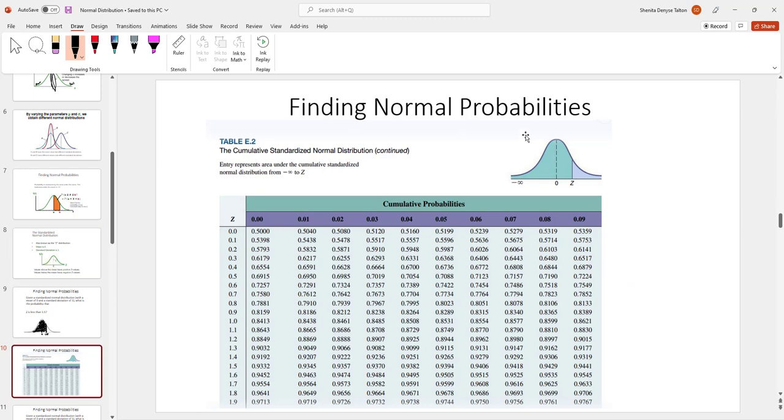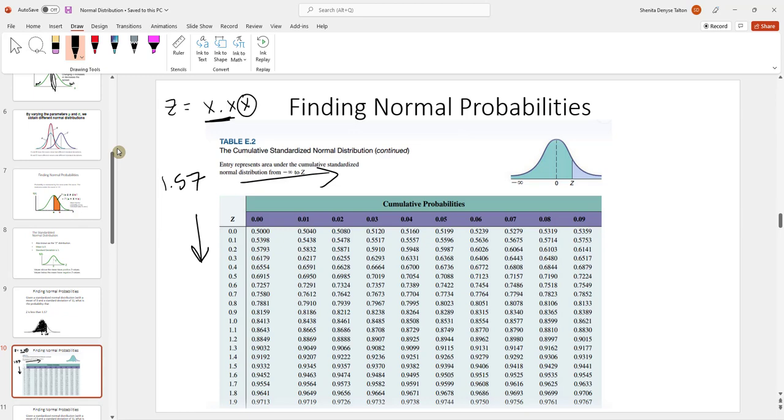So how do you read this distribution table? Well, the z-value is made up of three numbers. Okay? The first two numbers you find going down. This last number you find going across. So in our case, we're looking for 1.57.